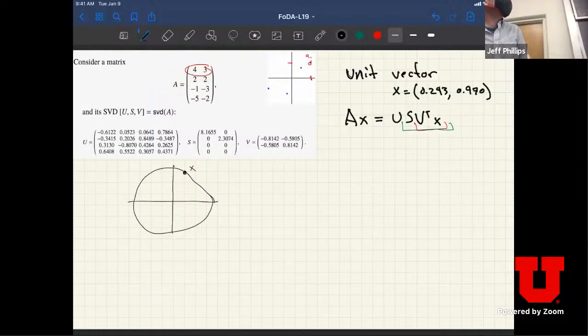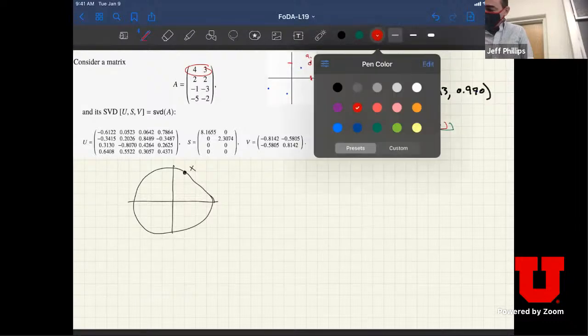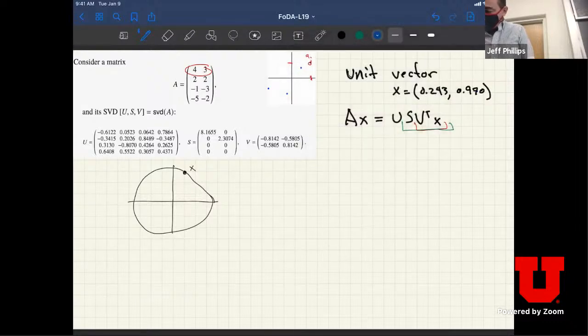Right, and so we're going to first multiply by V. Let's look at V here. It turns out they're the same when you're 2 by 2. You often get things that are the same. So we want to consider the columns of V, which are the rows of V transpose. This guy is going to be V1.